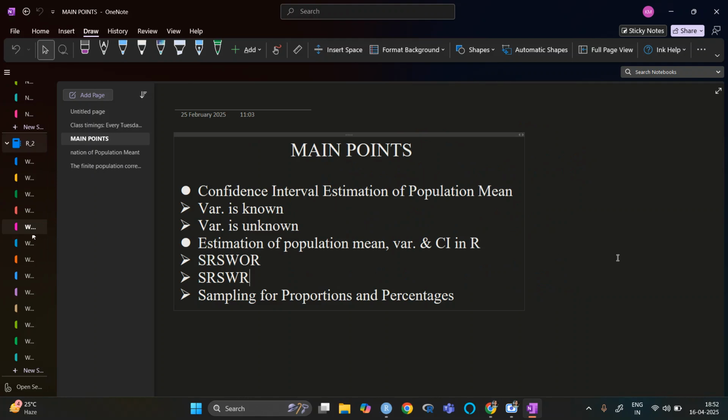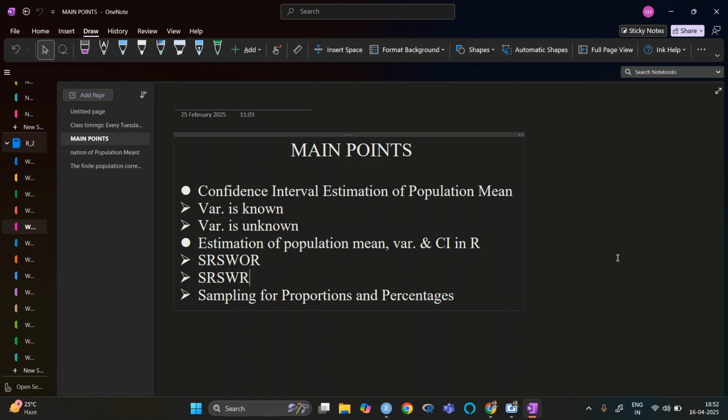Once you have found the population mean and the standard deviation, you need to find the confidence interval. There are two types. In the first one, the population variance is known. In the second one, it is unknown.